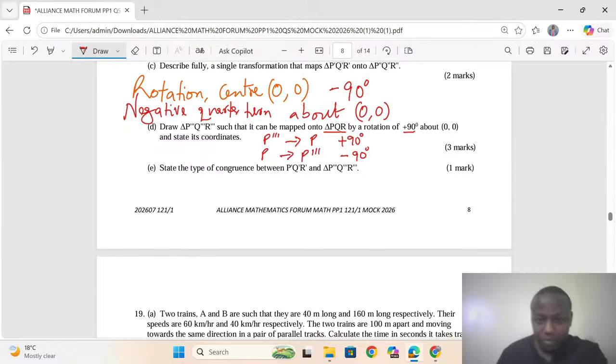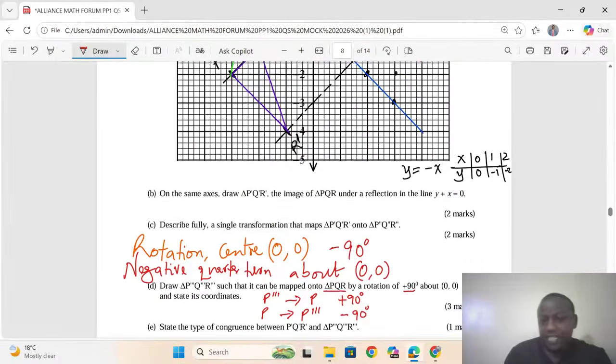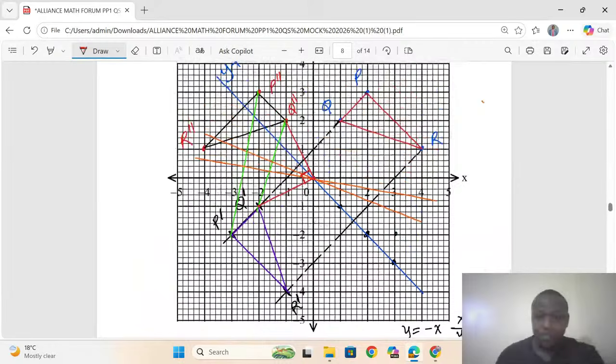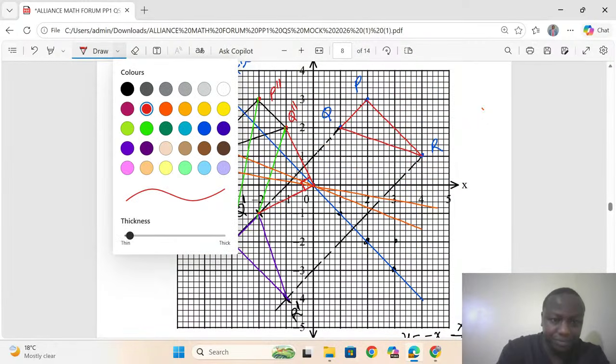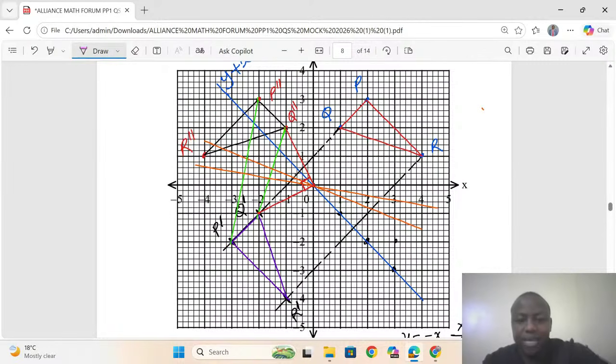So we join P to the center, then negative 90 means clockwise. P to the center, then we turn through 90. I measure 90 at that point, then I produce that line.